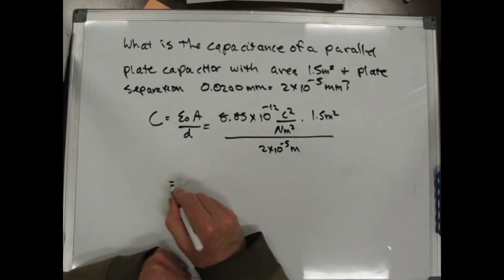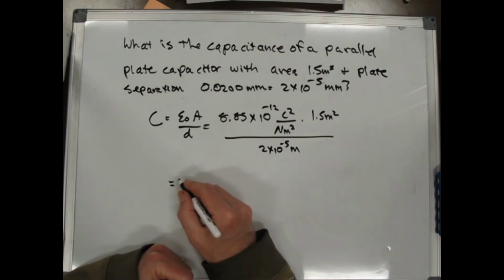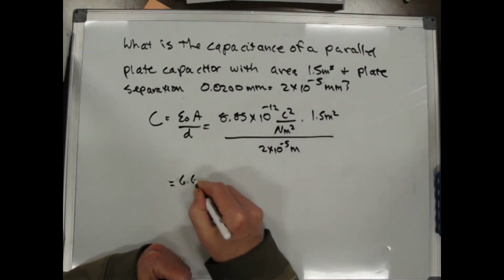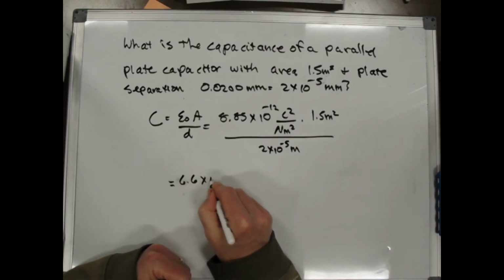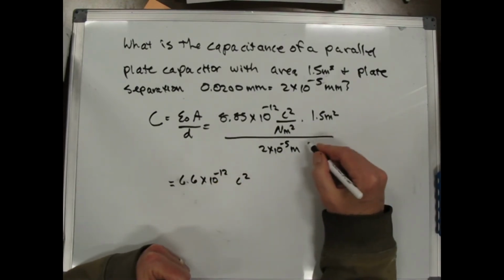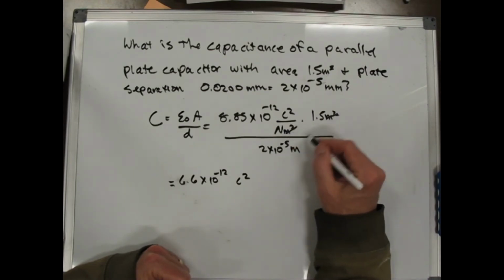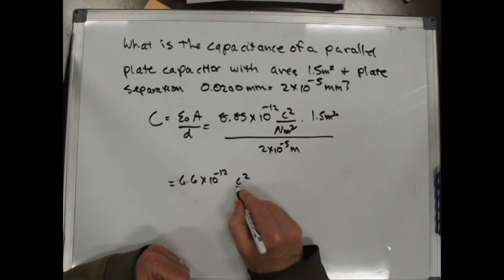If I multiply all that out, what I get is 6.6 times 10 to the minus 12th Coulomb squared. So my meters squared and meter squareds cancel, and this still becomes a Newton meter, which is a joule.